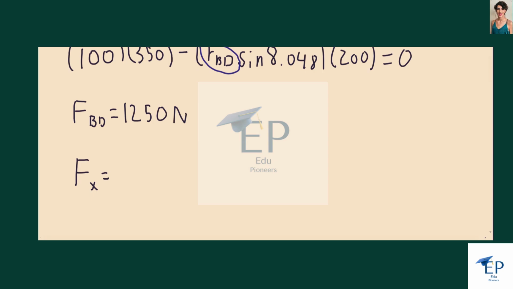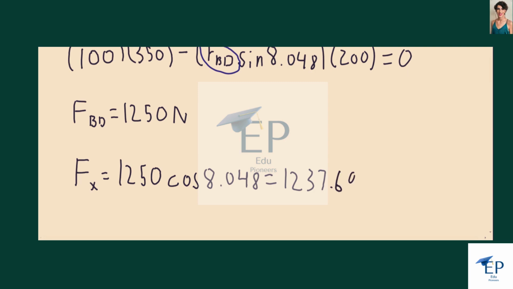That's going to be equal to the force we just calculated times the cosine of the angle that we calculated. And that's going to give us a force of 1,237.69 newtons, which is also equal to our Q force.